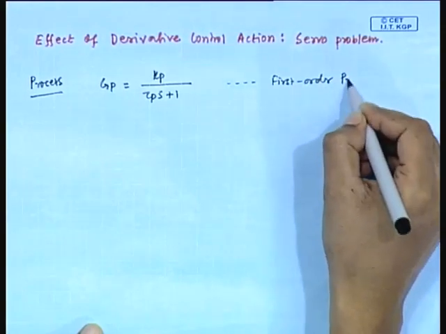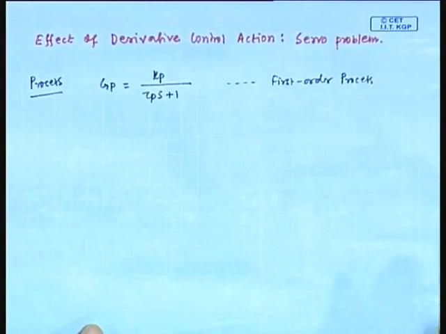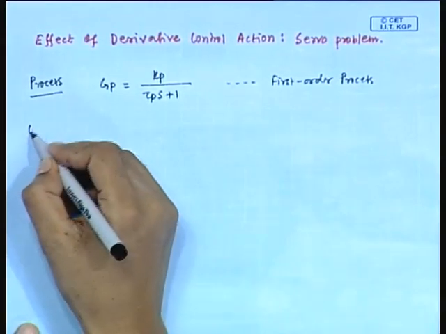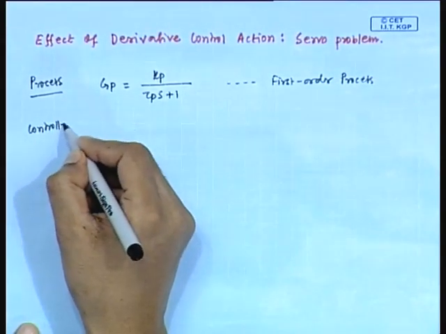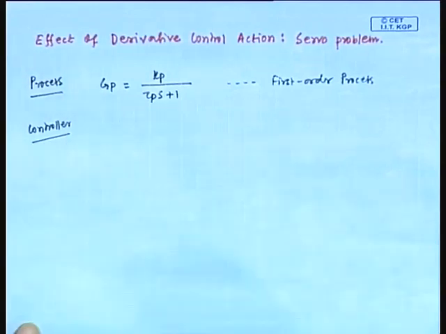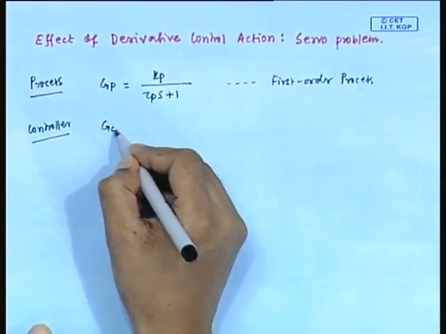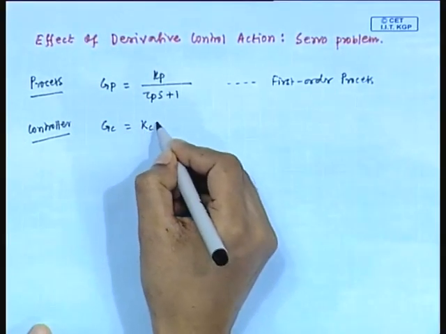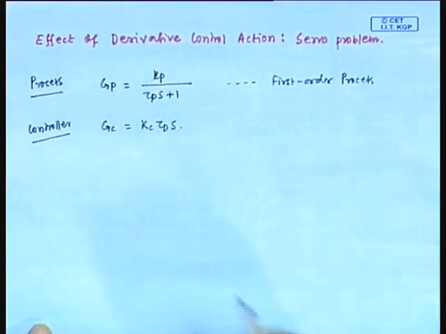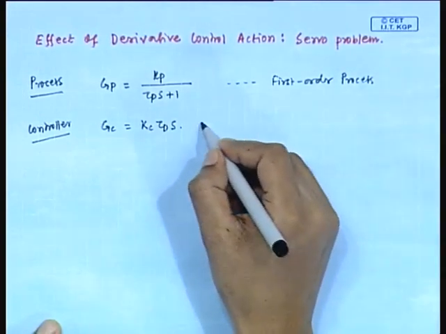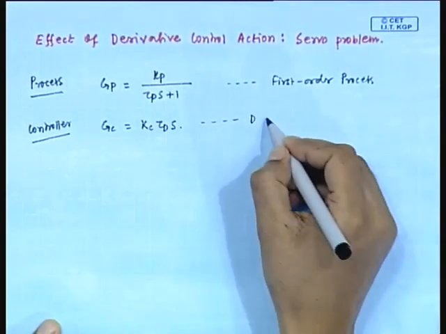This is the transfer function of a first order process. Next element is the controller. Presently we are discussing the effect of derivative action, so the controller is only a derivative controller. What is the transfer function of the derivative controller? Kc tau d s. This is derivative action.